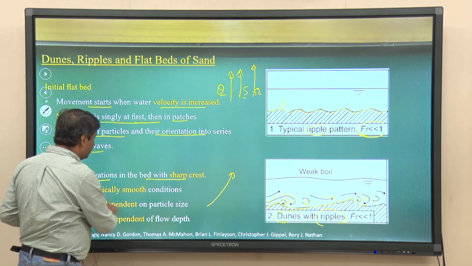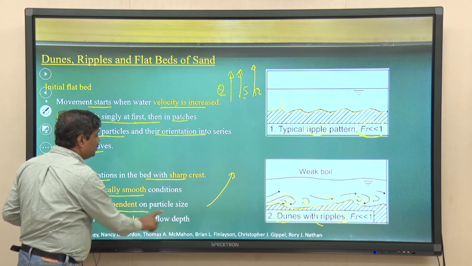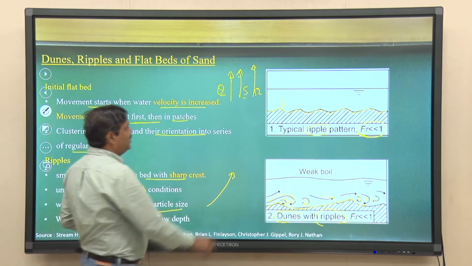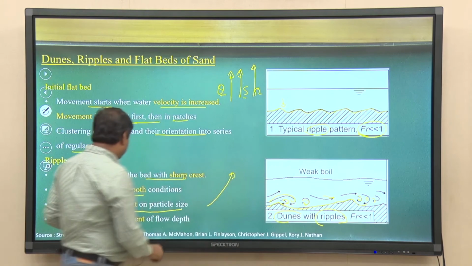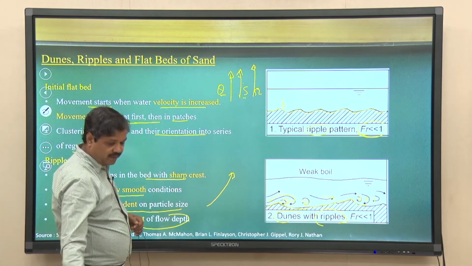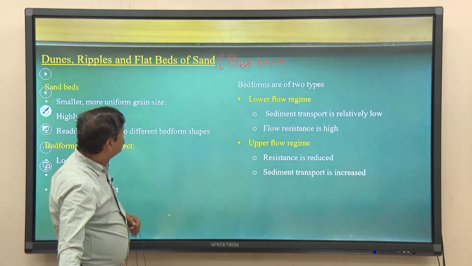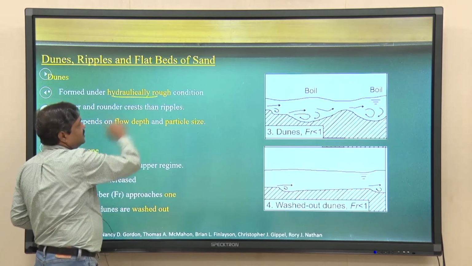The ripples form under hydraulically smooth conditions, and the wavelength depends upon the particle size. In the ripple case, the wavelength depends on particle size, independent of the flow depth. But in the case of dunes, hydraulically rough conditions will come.